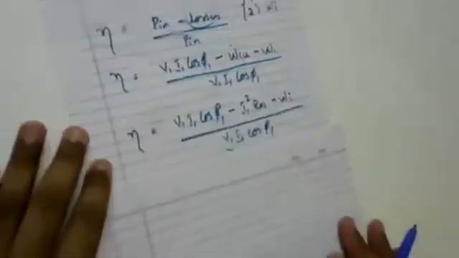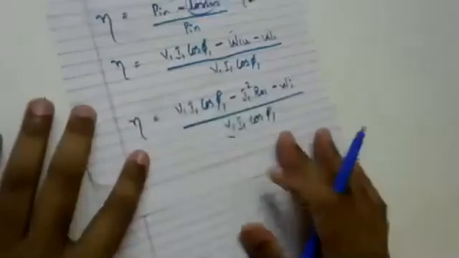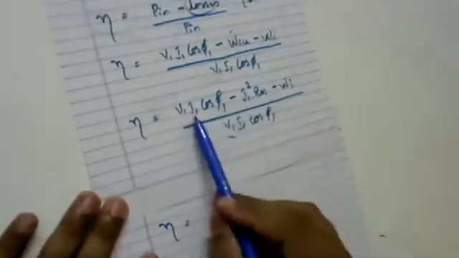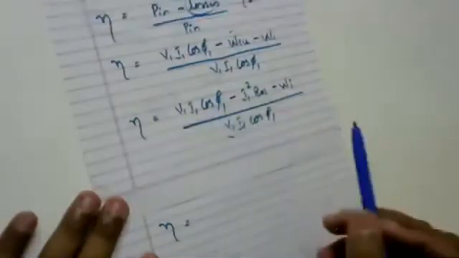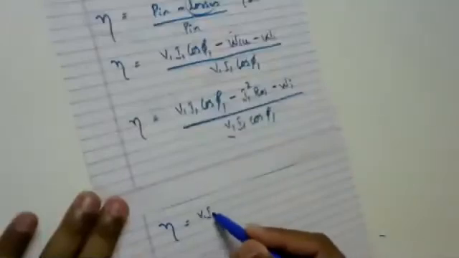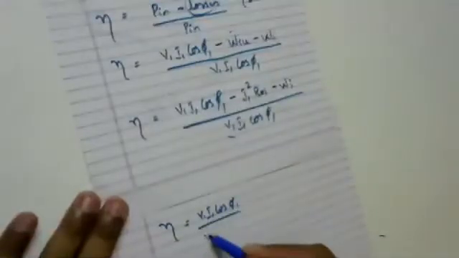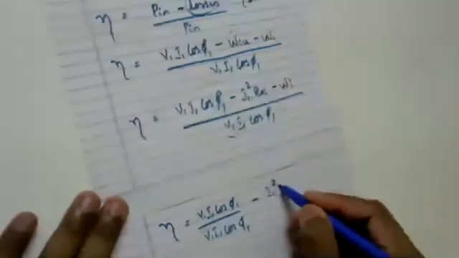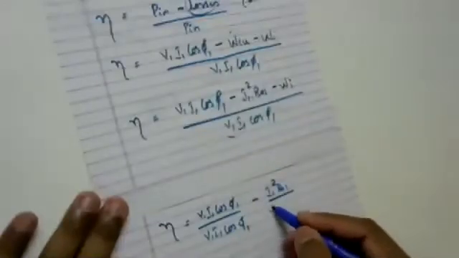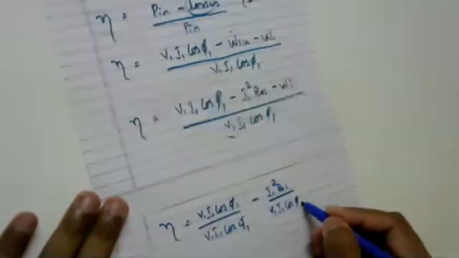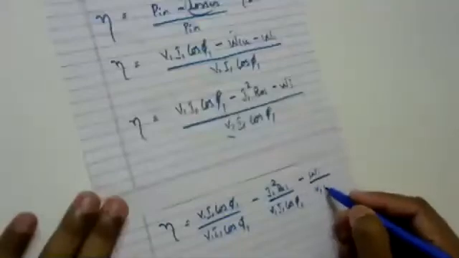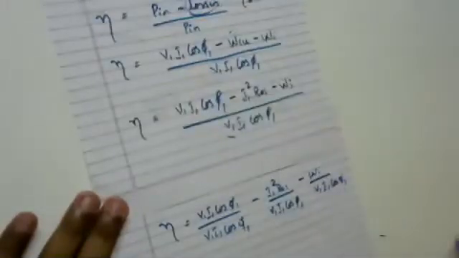I can write the equation like this, for your reference: efficiency is equal to V1 I1 cos phi1 divided by V1 I1 cos phi1, minus I1 square R naught 1 divided by V1 I1 cos phi1, minus Wi divided by V1 I1 cos phi1.